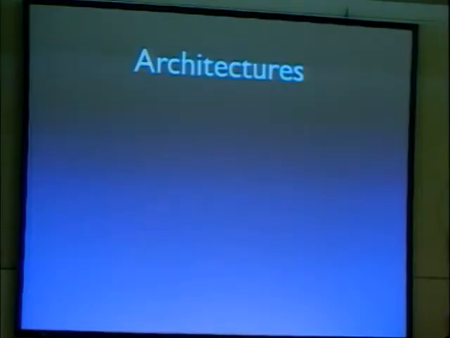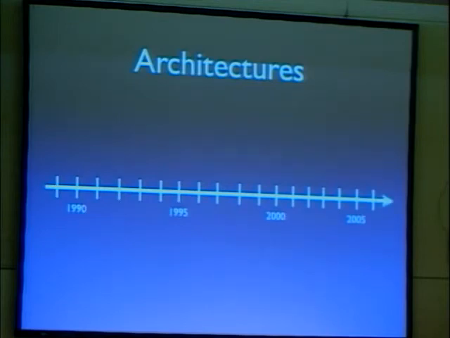Talking about Intel and PowerPC, let's look at the different architectures NeXTSTEP or Mac OS X have been available for. Like I said, they started off as a 68K operating system, and it was ported to i386 and PA-RISC and SPARC, and ported to PowerPC by Apple.